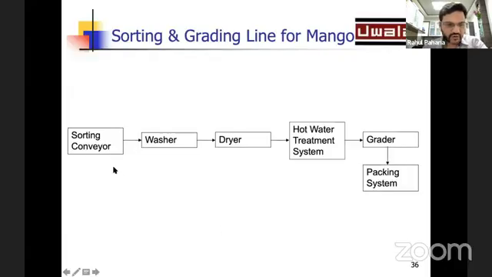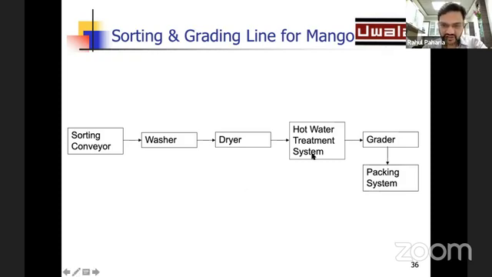So what we need to do is have a basic sorting conveyor in which we separate the rotten mangoes or the mangoes which we don't have to process further. We will have to wash the mangoes thoroughly. The washing would happen here, and then another important step is to do hot water treatment of mangoes. Essentially, the mangoes are passed through boiling water for a certain amount of time in order to sterilize them completely.